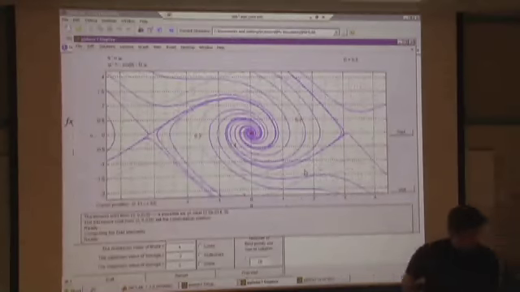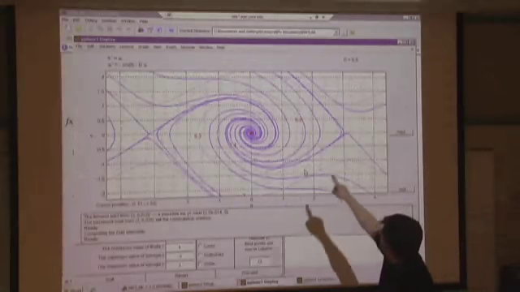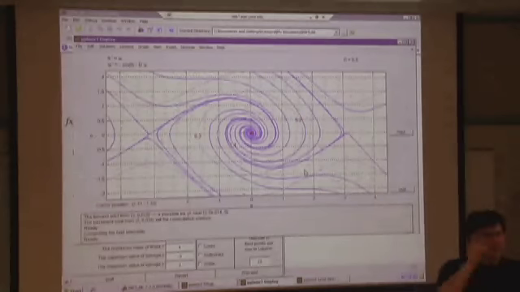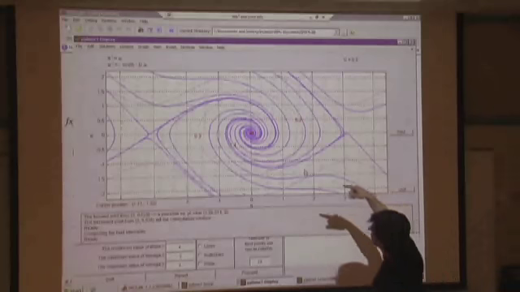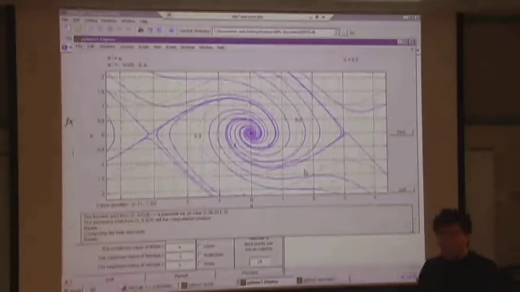It's hard to see, but you see the level curves are not exactly circles, but they are somewhat deformed. And the solutions that start on those regions stay in that region, right?